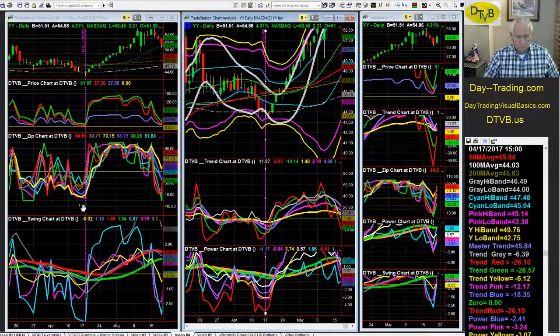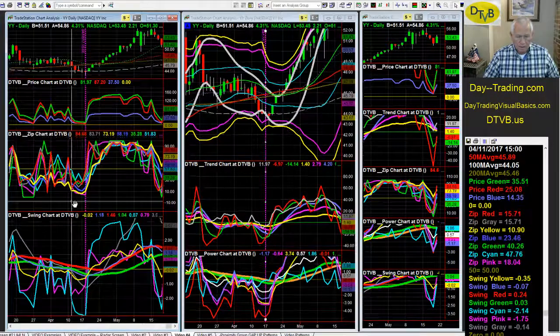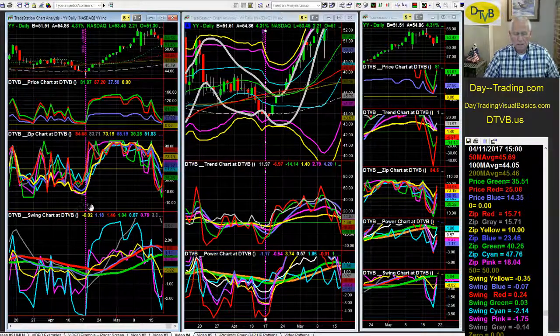Now, I should recant that. Over on this point here, it is the last day that it was lowest and going down. After this, the 3 days before the pink vertical line, the zip pink was lowest. But it can look like it's lowest.